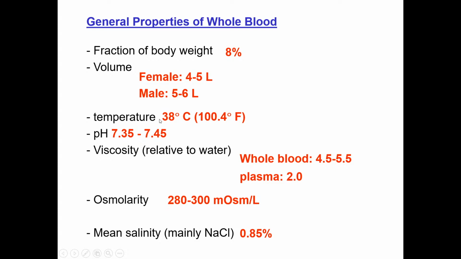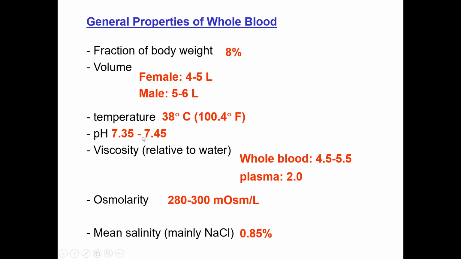The temperature of the blood is about 38 degrees centigrade, 1 degree greater than the body temperature, and it is 100.4 degrees on the Fahrenheit scale. The pH of the blood is 7.35 to 7.45. It means that it is slightly alkaline, because we know that a pH above 7 is alkaline.